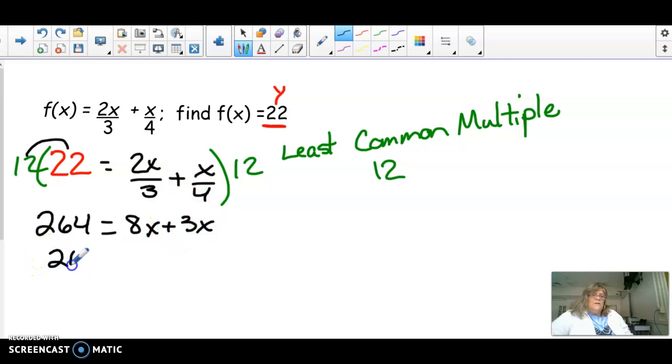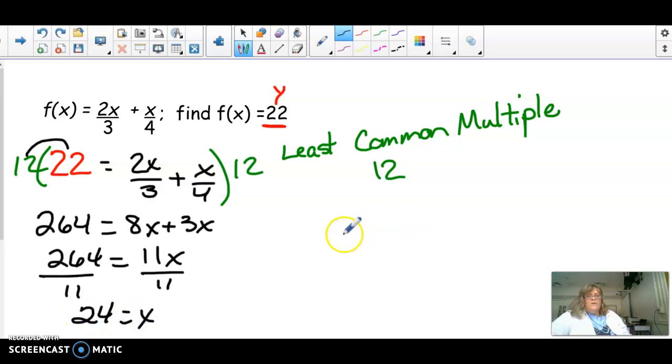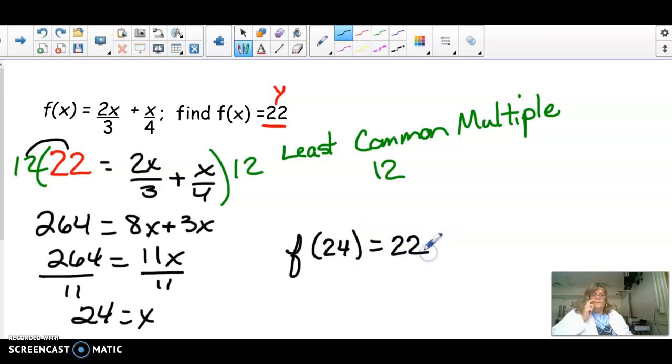This gives me 264 is equal to 8 plus 3 gives me 11x. If I divide by 11, I get 24 is equal to x. So if I'm going to write this in function notation, then I'm going to say f of 24 is equal to 22. So that's the correct function notation.